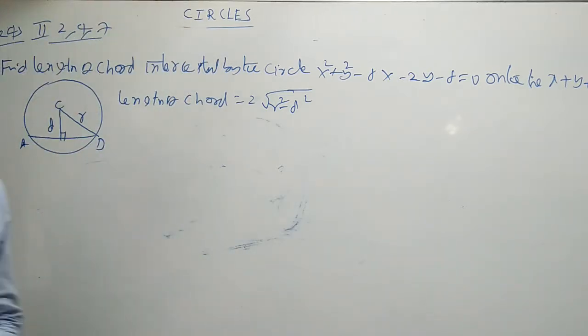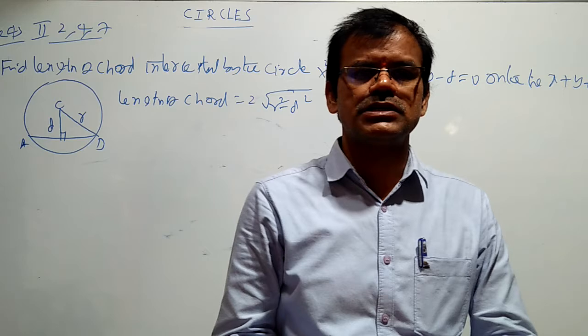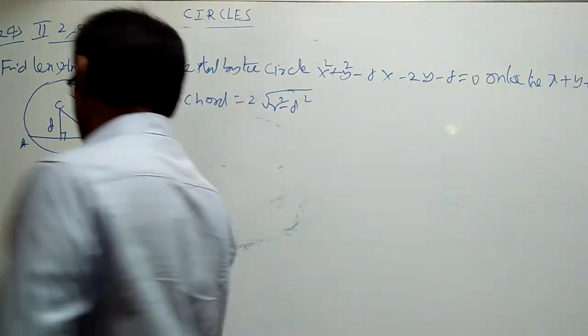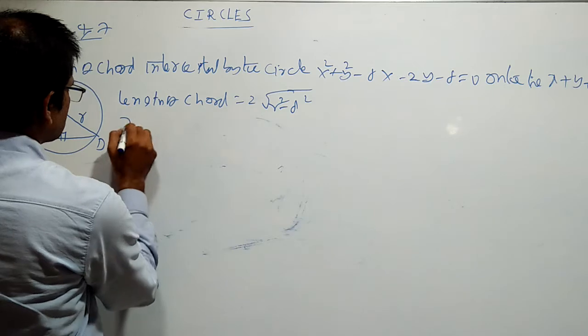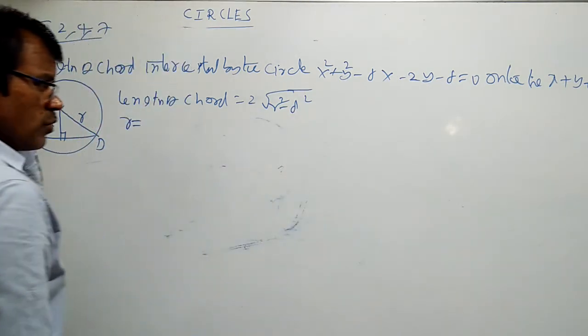What is R? The radius of the circle. What is D? The perpendicular distance from the center to the line. R is equal to the radius, root of g square plus f square minus c.